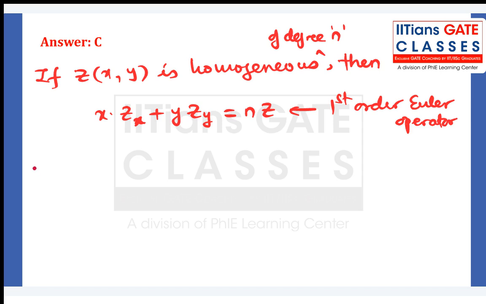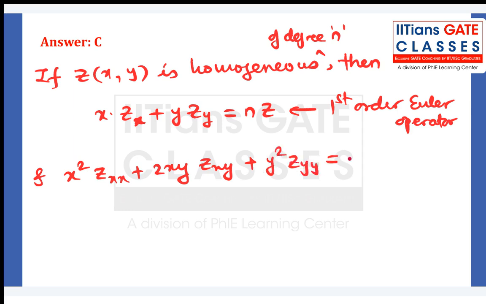And if you are involving second order terms, one second, let's check the formula. Yeah, it is x square zxx plus 2xy zxy plus y square zyy. It is nothing but n into n minus 1 into z, and so on and so forth.